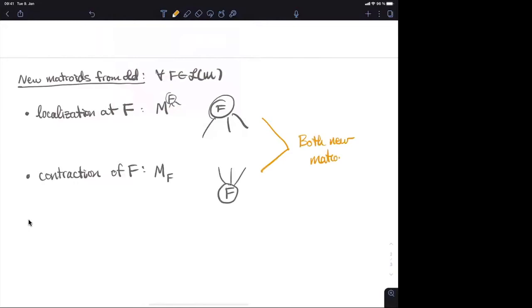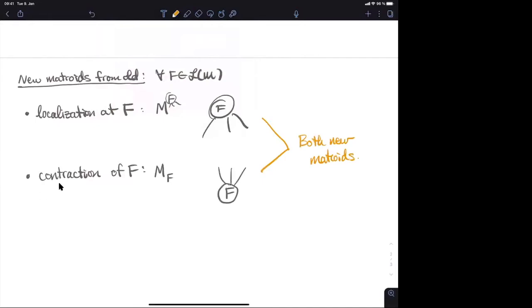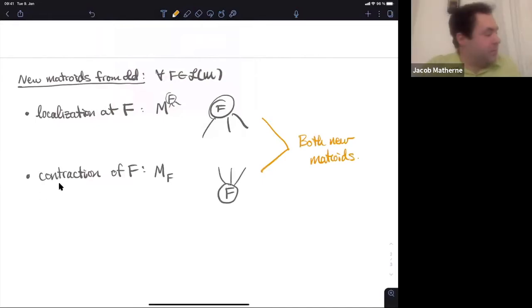Is localization the same as deletion of the complement of F? Yeah, that's right. In fact, if you try to use Sage, in the matroid package in Sage, they have one of them, but not the other one. So you do exactly what you said to do the other one.